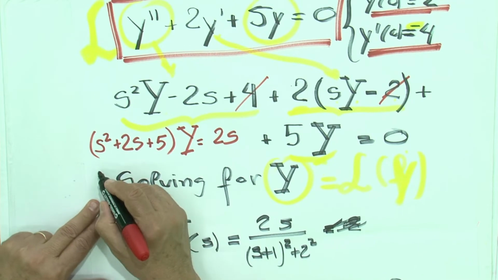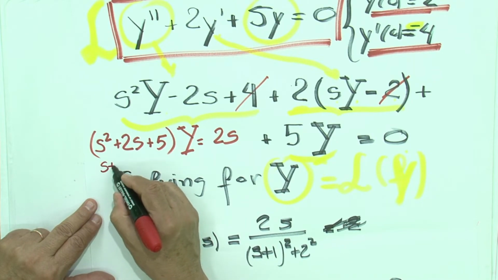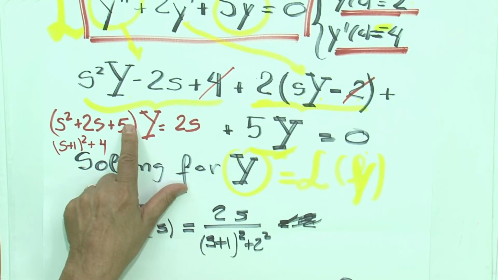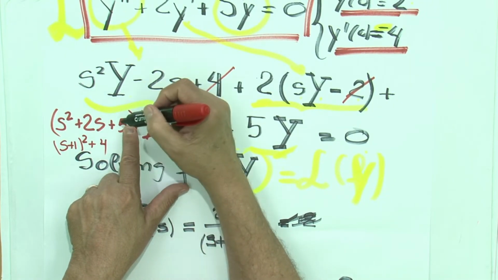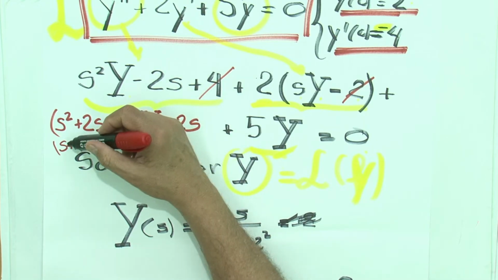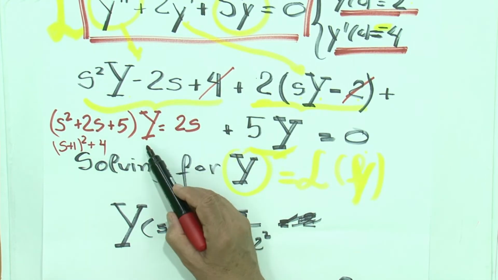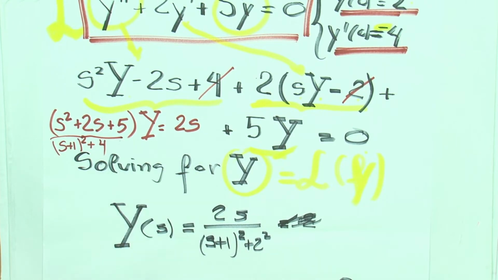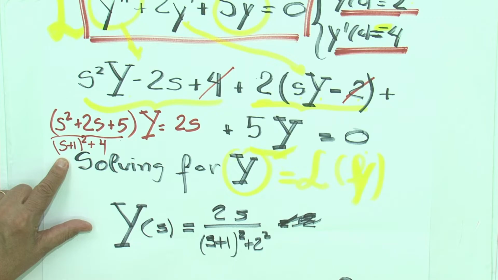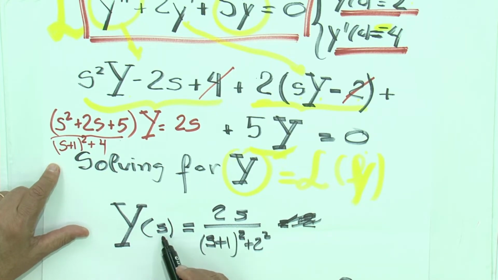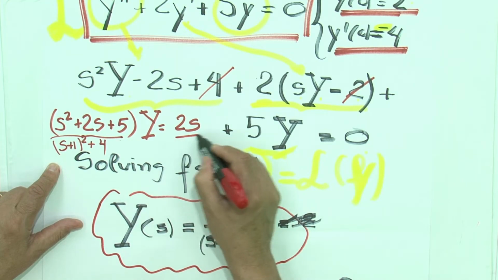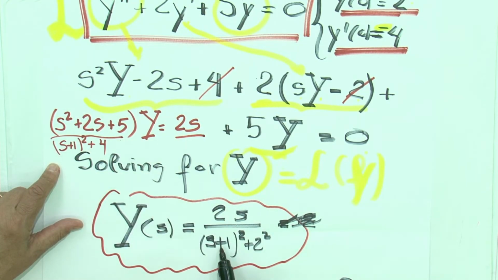This term here is equal to s plus 1 squared plus 4, because if I put s squared plus 2s plus 1, this is s plus 1 squared, and then plus 4 to give the 5. So I just rewrote it that way. Therefore, capital Y of s is equal to 2s, which is on this side, divided by all this, by s plus 1 squared plus 2 squared, which is 4.